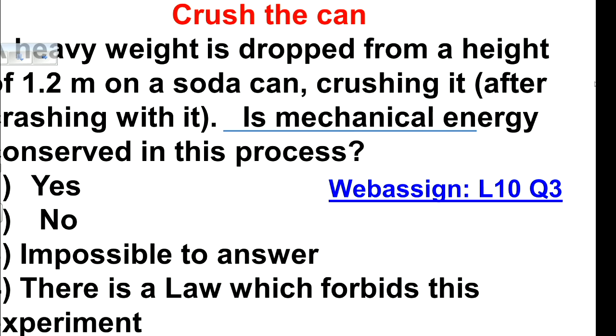But gravity does negative work. Gravity always does negative work when an object is moving against gravity. So the more work I do, the more energy I pump in this, the higher it gets, the more potential energy it has, gravitational potential energy.